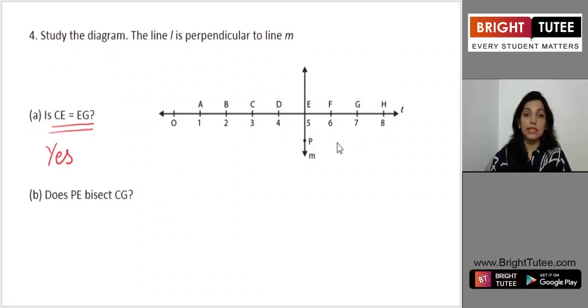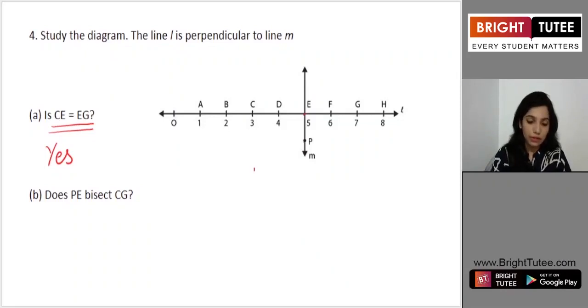It says, does PE bisect CG? So where is PE? Here this particular line, this point is E, and here this point is P. So we are basically talking about the line M, right, on which we have got these points P and E marked. We need to see, is this a bisector of CG?